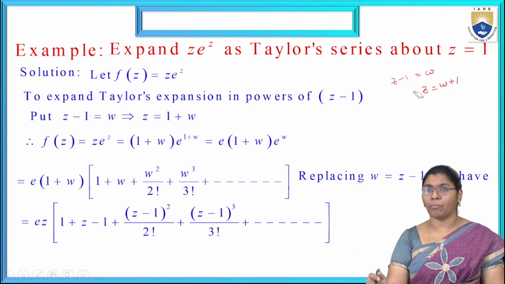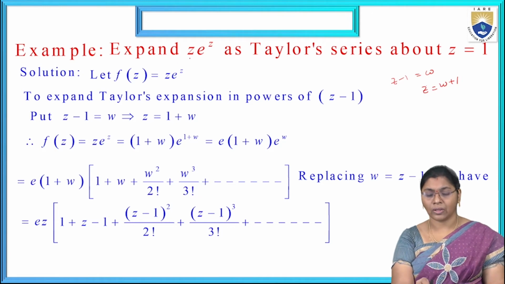Substituting z = w + 1 in each term, z e^z becomes (w + 1) e^(1+w).